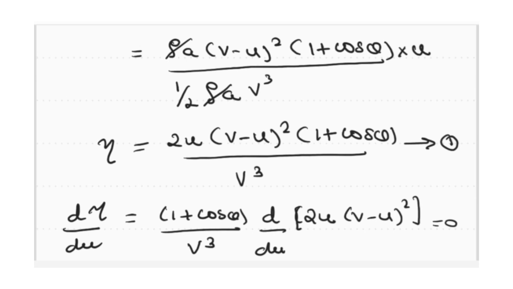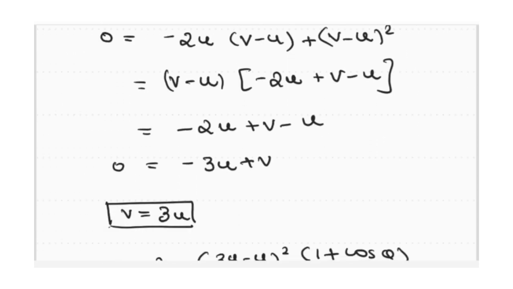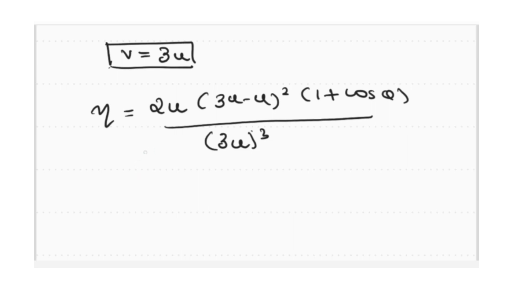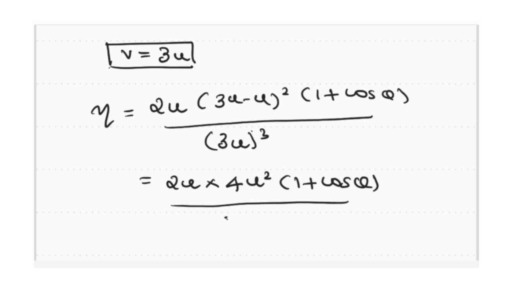So you have to solve this. 3u minus u is 2u, and (2u) whole square is 4 u square, into (1 plus cos theta), divided by 27 u cube.